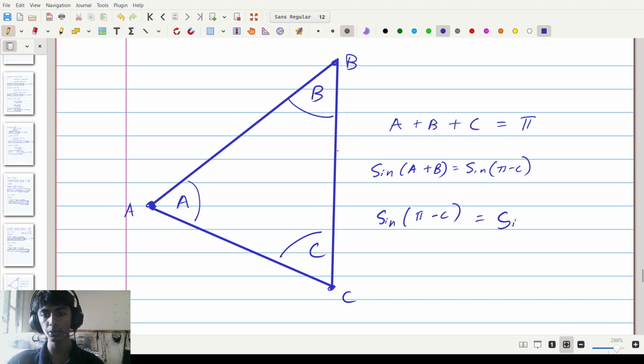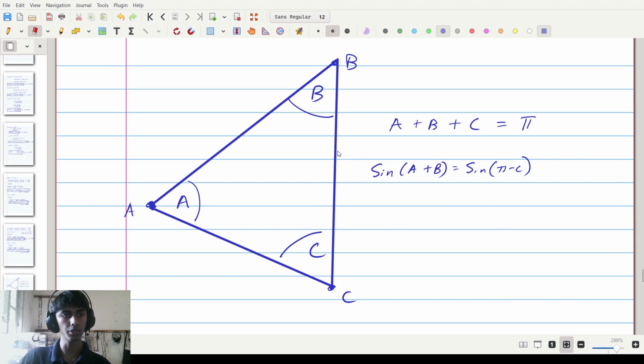So here this is equal to sine of C. So therefore sine of A plus B is equal to the sine of C. So for any triangle, pick any two of the angles, and you will get the result that the sine of the sum of two angles in a triangle is equal to the sine of the third angle. So we have this property.